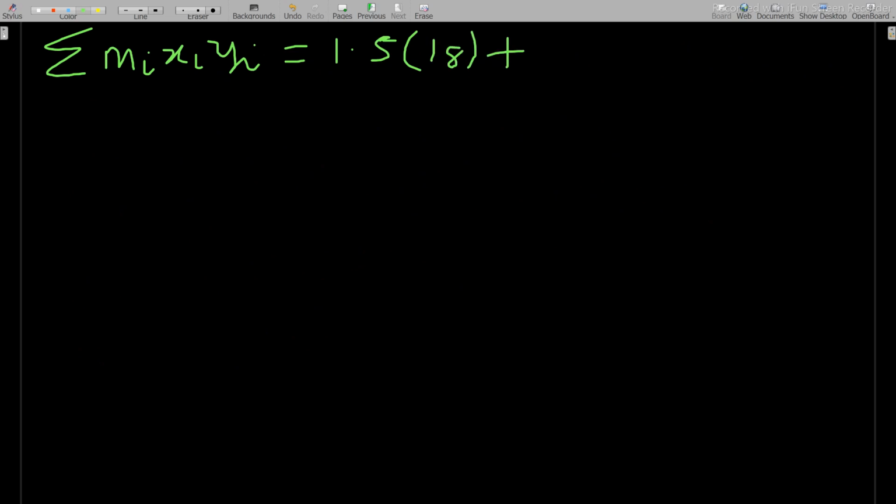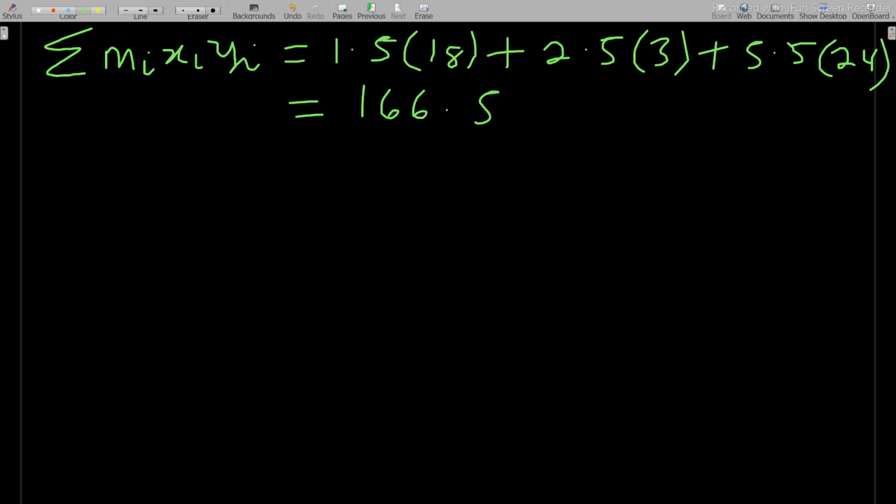Then you move to the next one, x2 times y2, which is 1 times 3, that is 3. Then plus 5.5 times x3 times y3, which is 3 times 8, that is 24. This will give me 166.5.